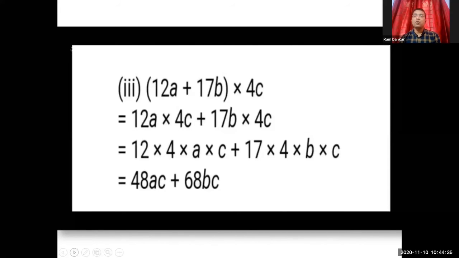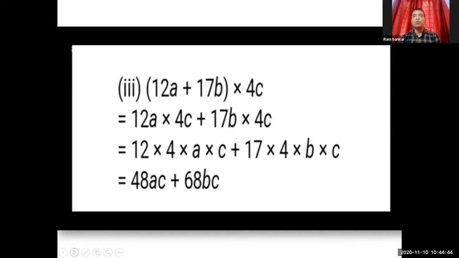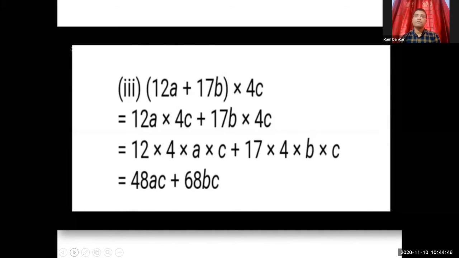In the first step also, we have written in the same way 12a into 4c plus 17b into 4c. So what was our second step? Take coefficients nearby and the next variables. Okay, so in the same way we have taken in the second step, look, 12 into 4 into a into c.